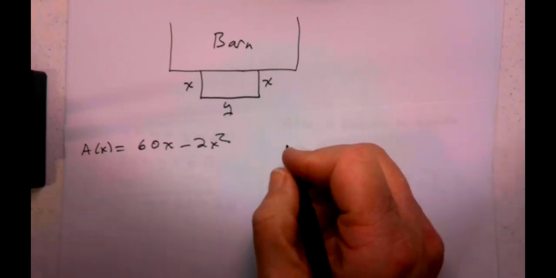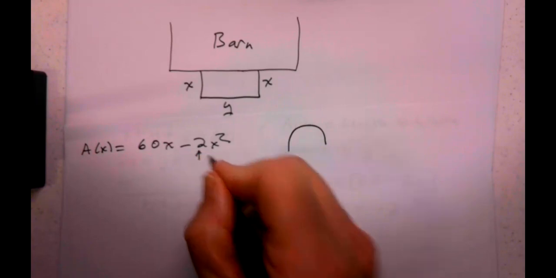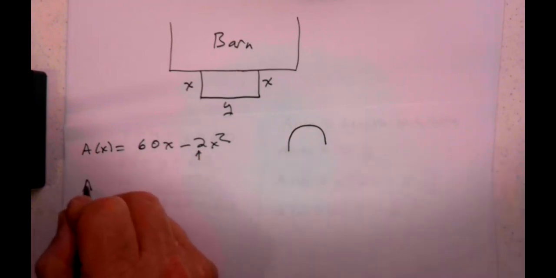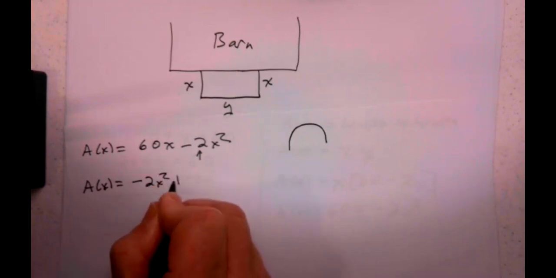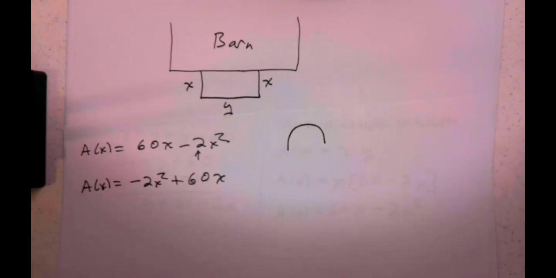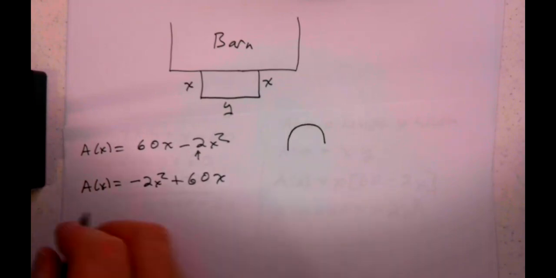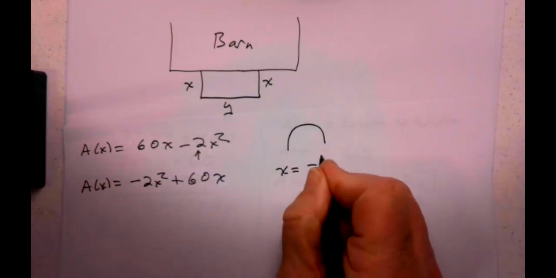And that is a quadratic function, and it's a parabola that's opening downwards because the squared term is negative. And let's rewrite that as A of X is negative 2X squared plus 60X.